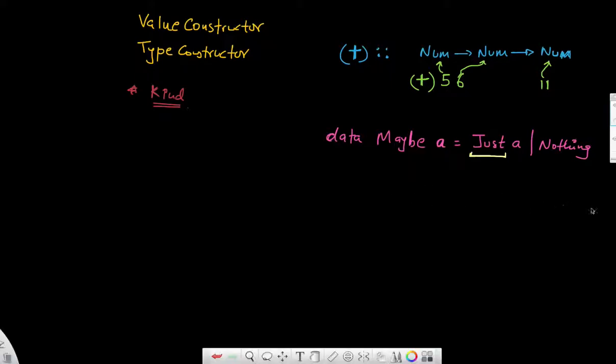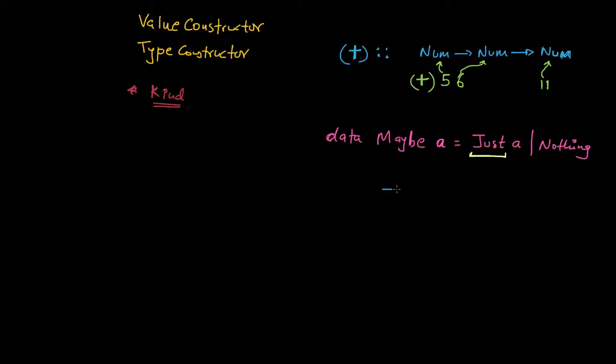Just to be consistent, I'm going to use blue again for my type world. This tells me that the value constructor Just basically takes in as a parameter some type a. This is a type variable which has some type in it.